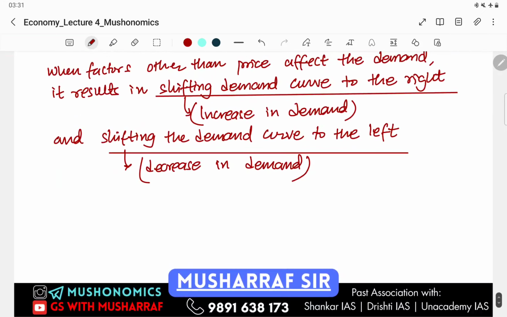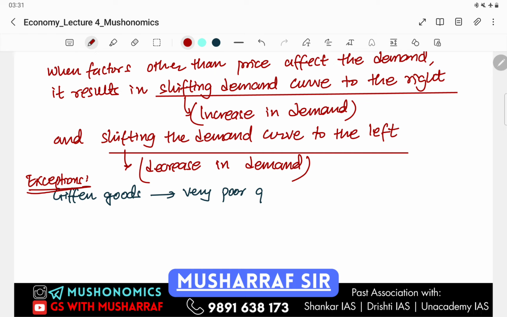Whatever we have discussed so far is related to normal goods. It is not related to, for example, Giffen goods. These are exceptions.